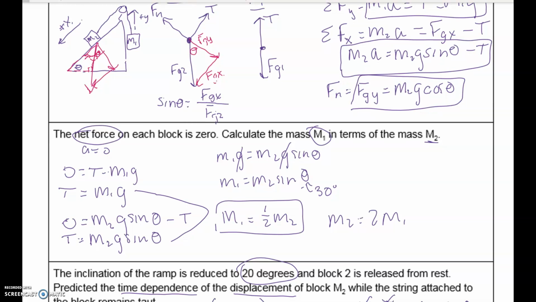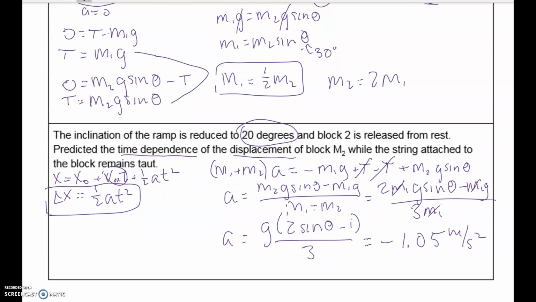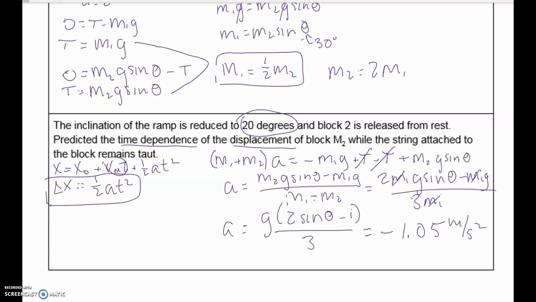I assumed that M1 was accelerating up and M2 was accelerating down the ramp. So that's why my answer has a negative sign. It's saying that when I summed my forces, I picked the wrong direction as positive. And that's fine. That's okay. This means when I'm dealing with my displacement, I'll use the positive value for that because that's the correct expression.